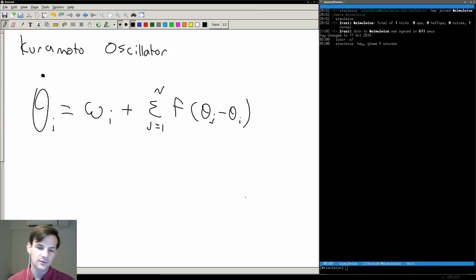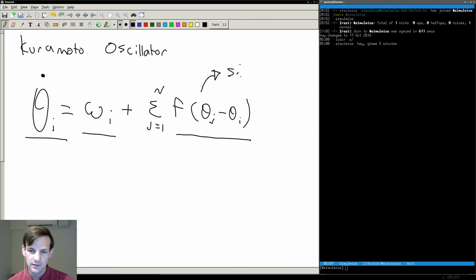Okay, so this is kind of what we're talking about here. We have some sort of phase and some sort of frequency and some sort of function that's dependent. Now, typically, this is a sine or something like that. And so we have some sort of sine of theta j minus theta i.